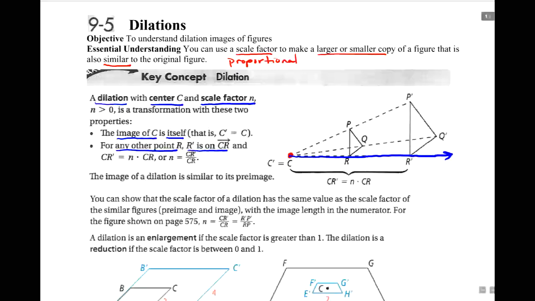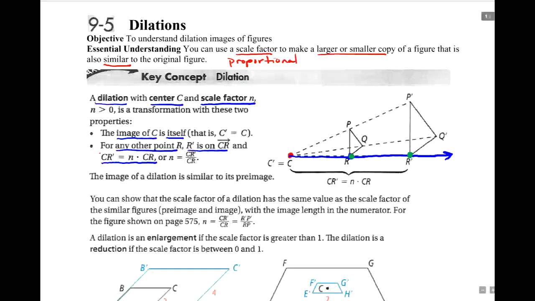And R prime, so we take point R, and R prime, our image, is somewhere on this ray. And the length from C to R prime is n times the length of CR. And remember, n is our scale factor.